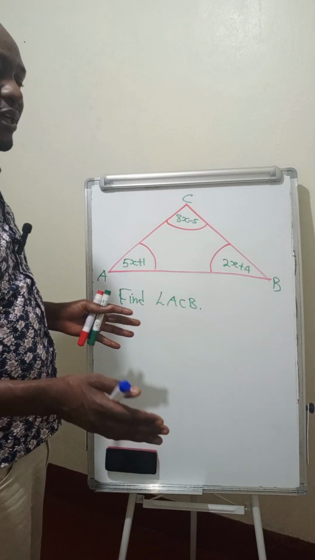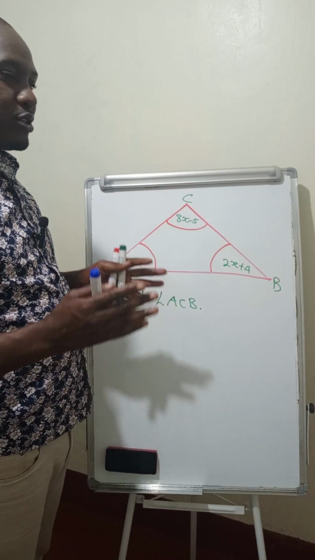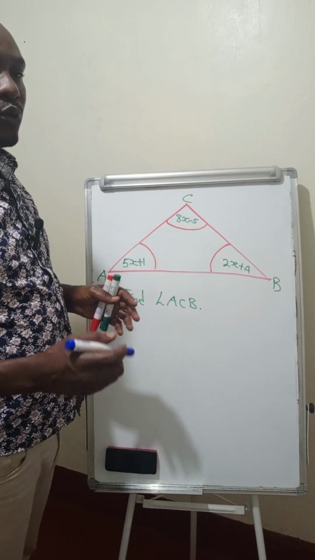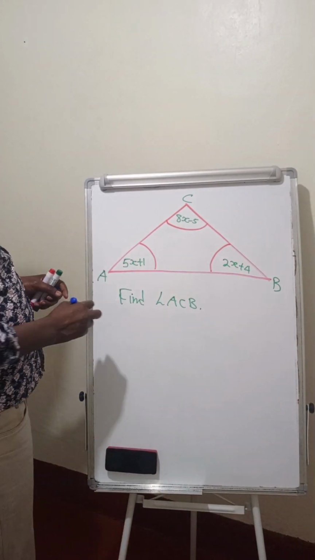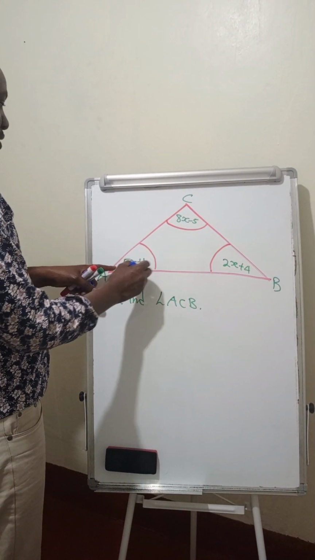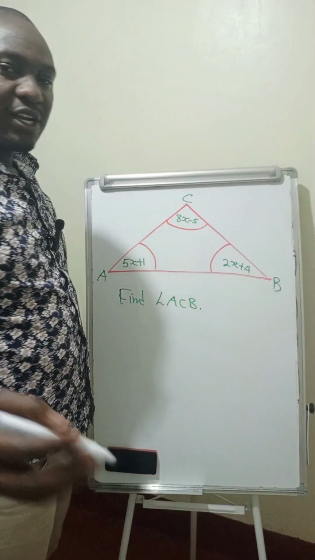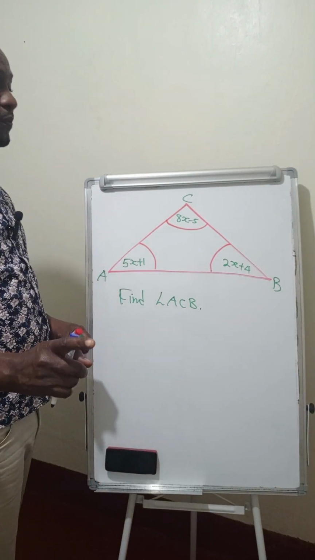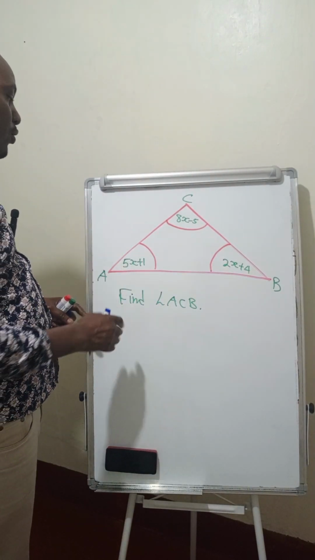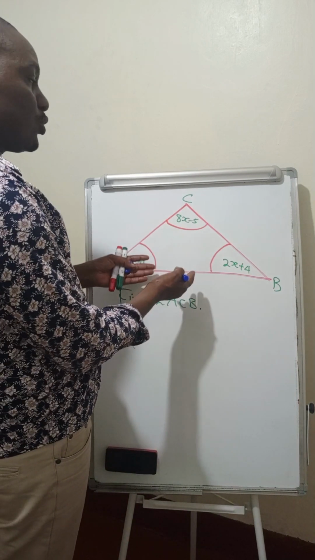We know very well that the angle sum of a triangle adds up to 180 degrees. So meaning that if we add this angle plus this angle plus this angle, we shall get 180 degrees. With that knowledge, you will get the value of x. After getting the value of x, substitute.